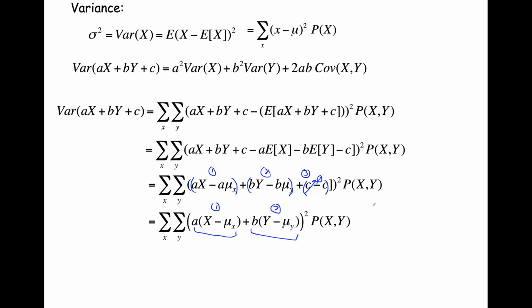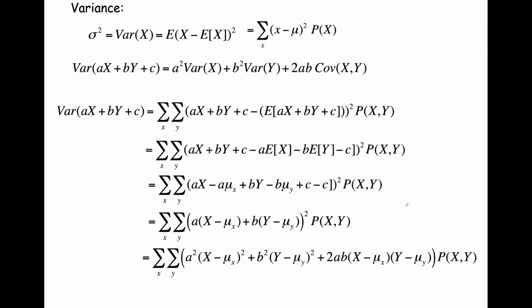And for the FOIL rule, we said the first term, we're going to square that. The second term, plus, we're going to square that. And then we're going to write plus 2 times the first term times the second term. That was our FOIL rule, the cross terms. So we take this expression and we say the first term squared, well, that's just a squared times x minus mu x quantity squared.